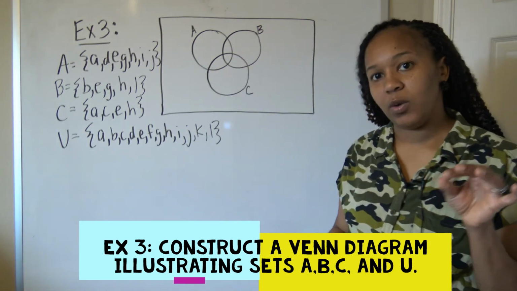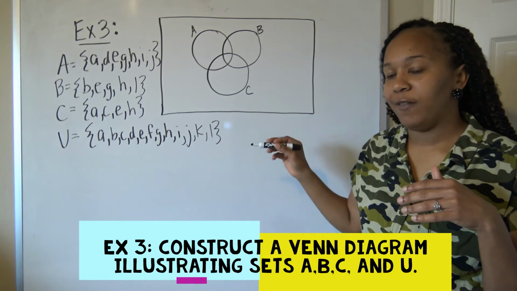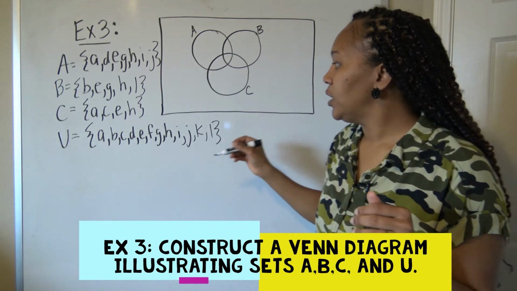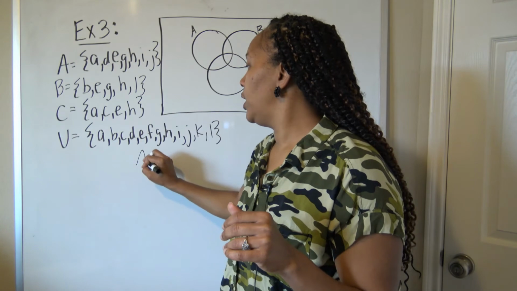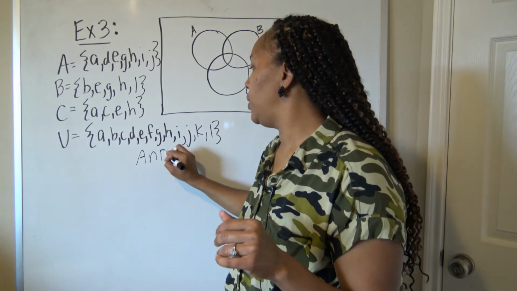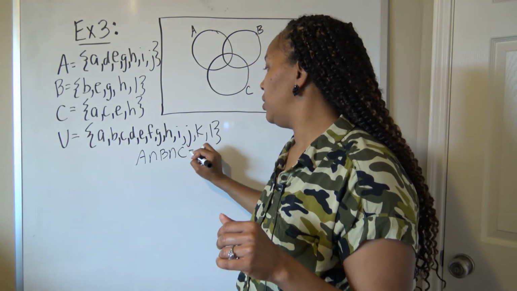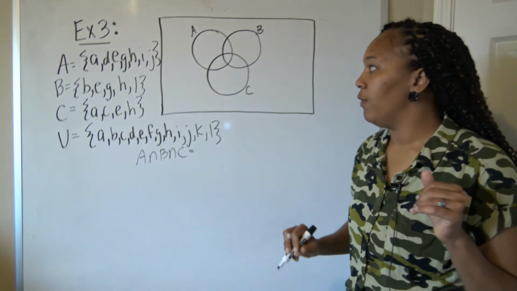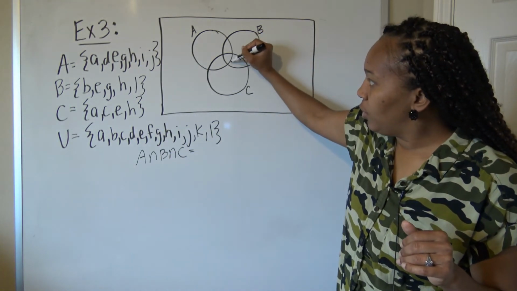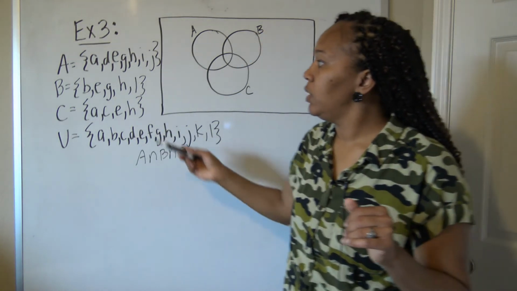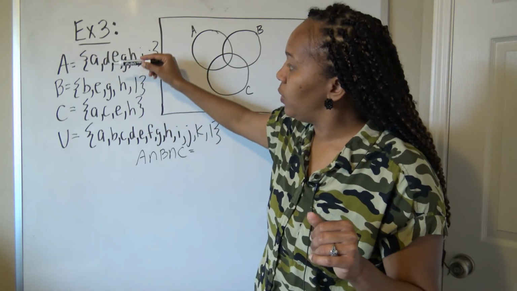So there are some things that we need to figure out before we start filling in the letters. And the very first thing we want to figure out is what is A intersect B intersect C, meaning where do all 3 of those sets overlap? That is this innermost region right here. And so what we would do is look at A, B, and C and see what do they all share.